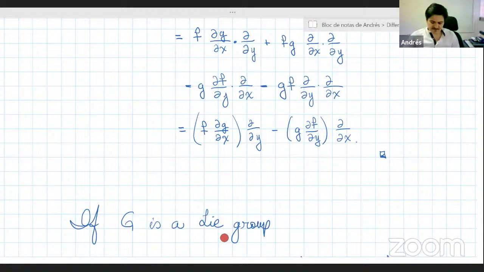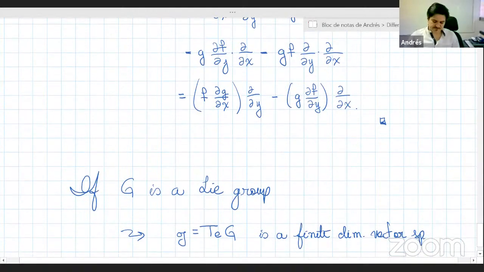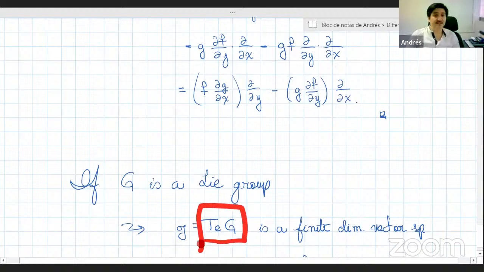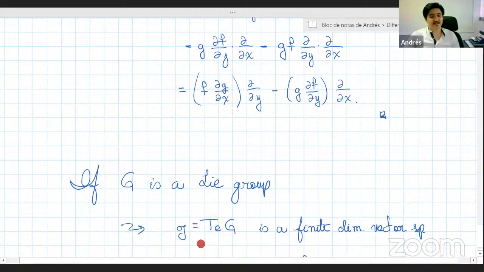But later, when we were looking at this, I told you that this is the tangent space at the identity. This is a finite dimensional real vector space. The dimension of this vector space is the same as the dimension of the group.